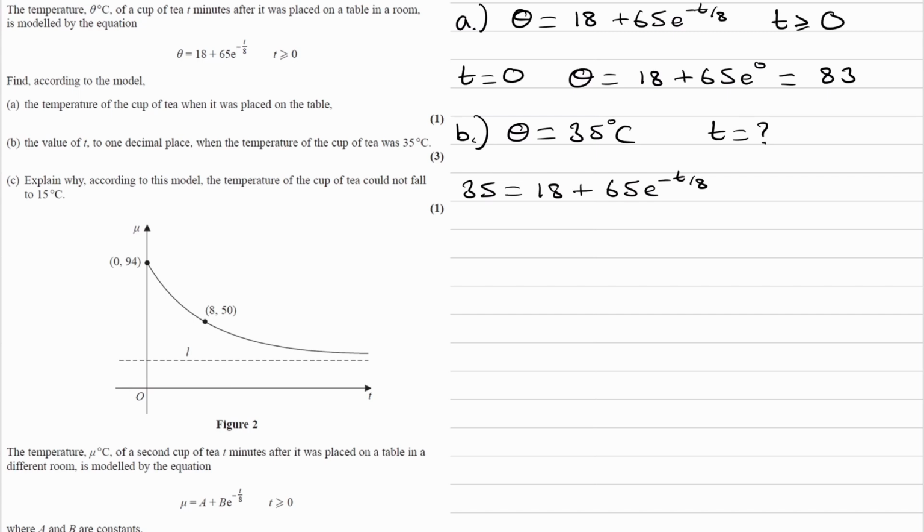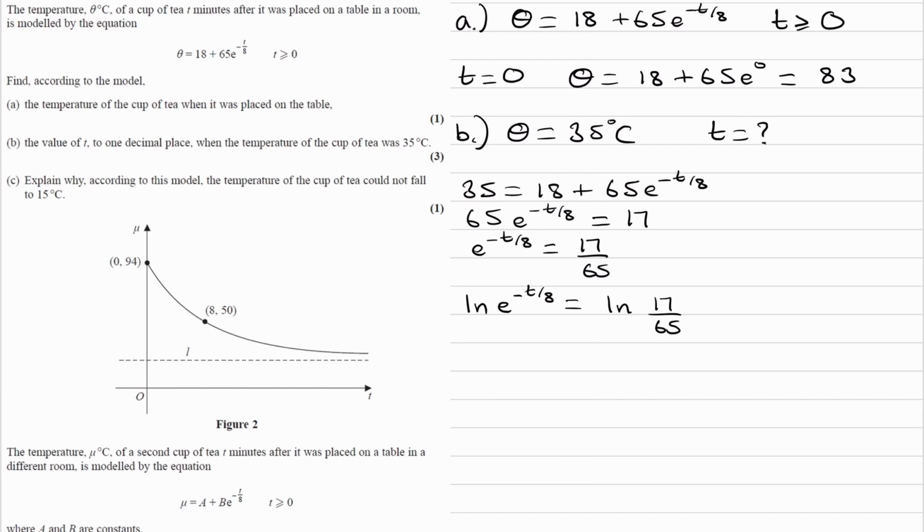We can rearrange this, so bring the 18 to the other side. 35 minus 18 is 17. Divide both sides by 65. And now to get rid of the e, we do natural logs of both sides. Natural log is the same thing as just log to the base e.